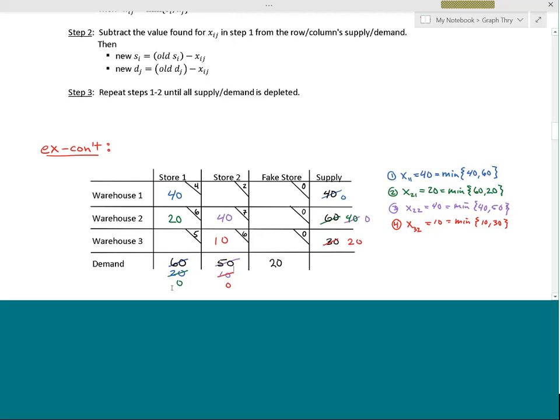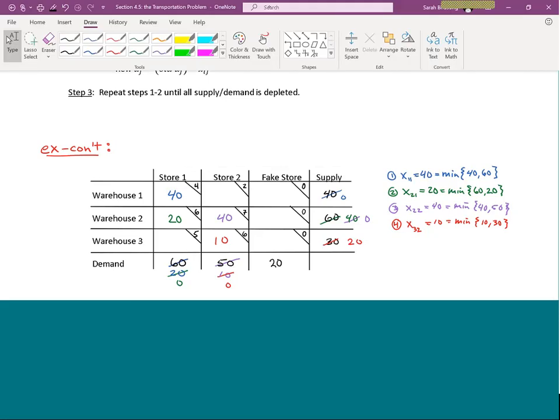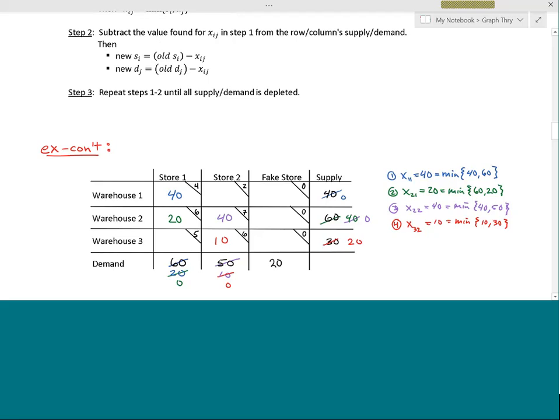So let's check to see if that worked. Yep, we only have this one cell remaining in position 3-3. The fake store is supposed to get a grand total of 20 units. We have exactly 20 units left in warehouse 3. So this tells us warehouse 3 is the warehouse that is going to end up with those additional units left in his warehouse.